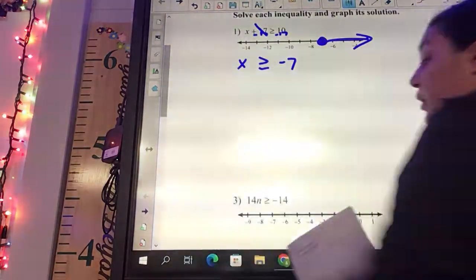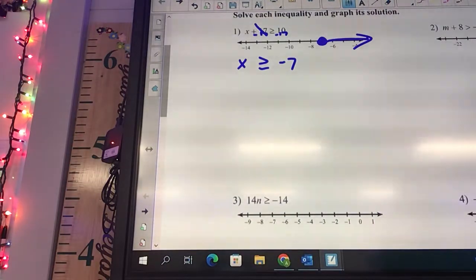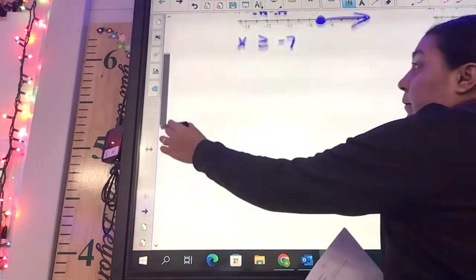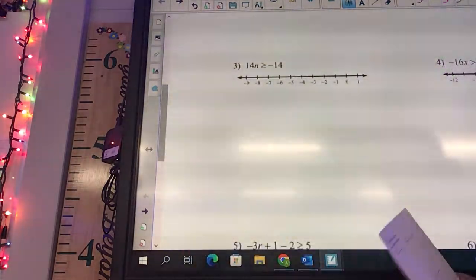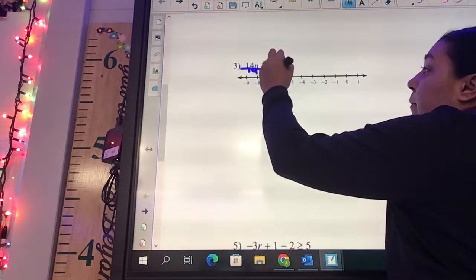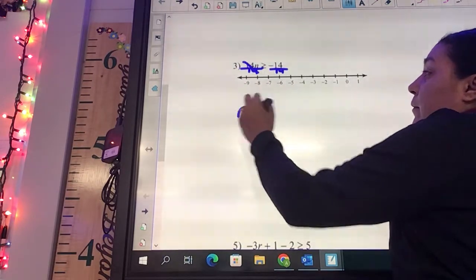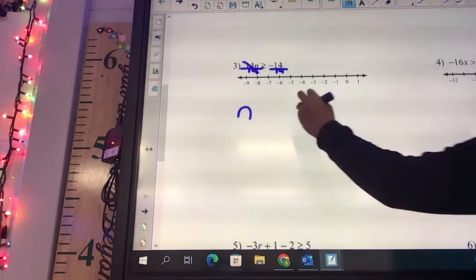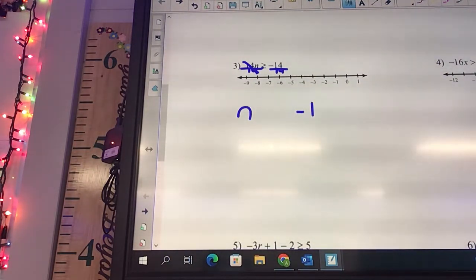Okay, look at number 3. What needs done? Divide by 14. Okay, do we need to flip? Why not? We divided by positive 14.